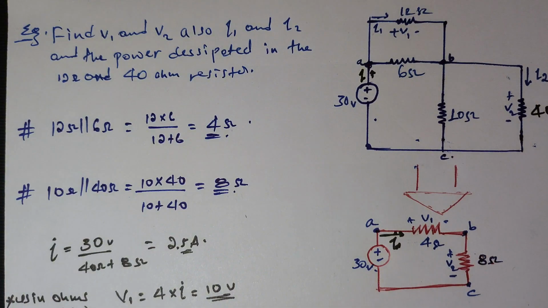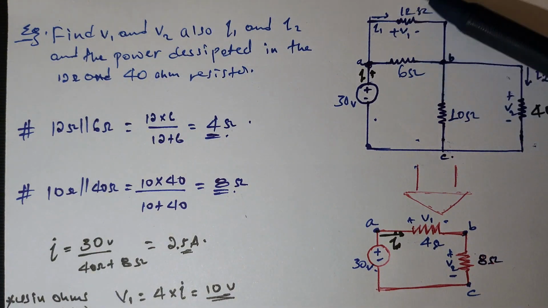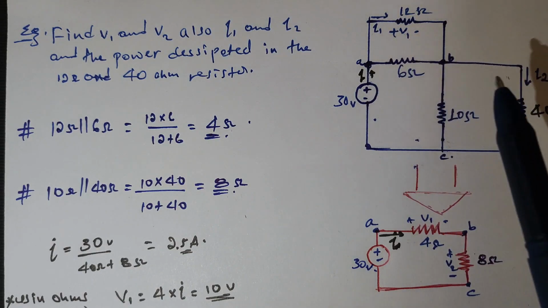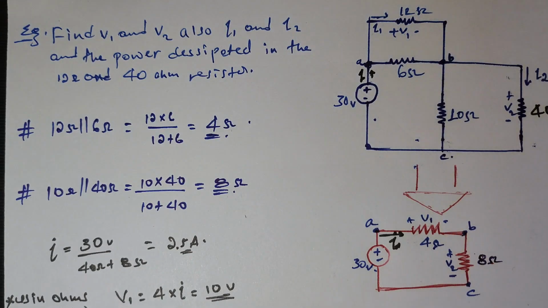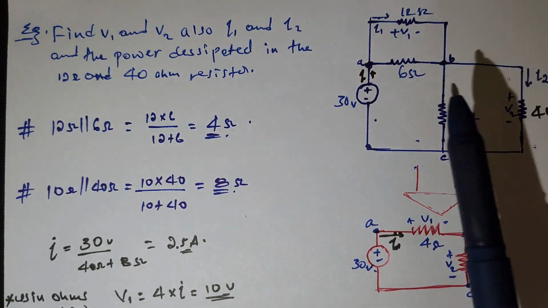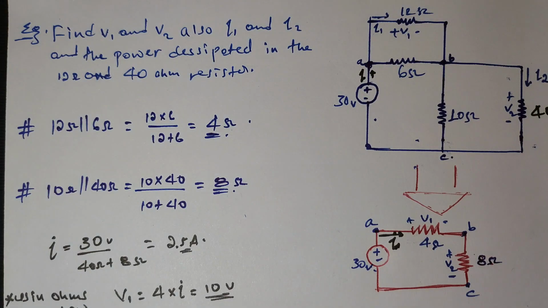Parallel components always have the same voltage. That's why the equivalent resistor also has the same voltage as before it was reduced. Also, the same works for the current. Let me make it clear.